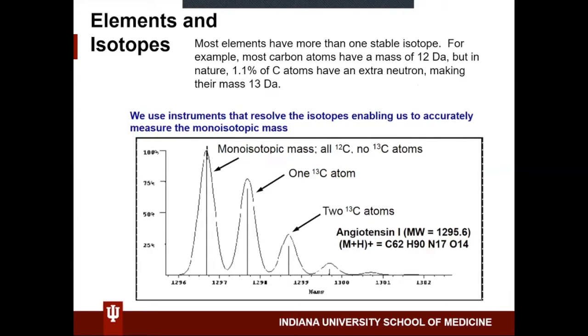If at a 1% rate, as long as you have 100 carbons in a molecule that you're measuring, then the most abundant peak is actually going to be that second peak, if you want to point at that, Emma, the carbon-13 peak. When we work with biological molecules, if you get to 200 carbons, you're going to be in that third peak, and so on and so forth. So the larger the molecule, the more skewed this isotope ratio is going to be.